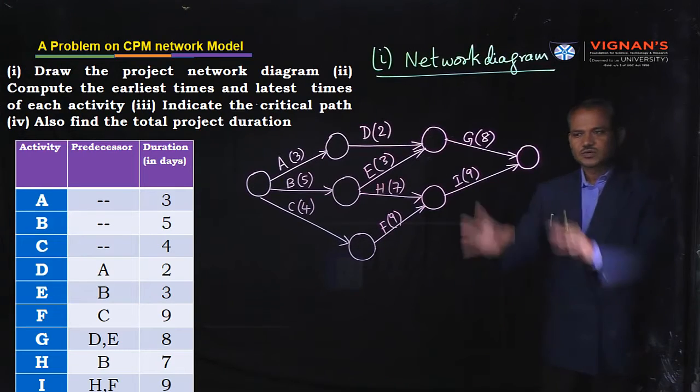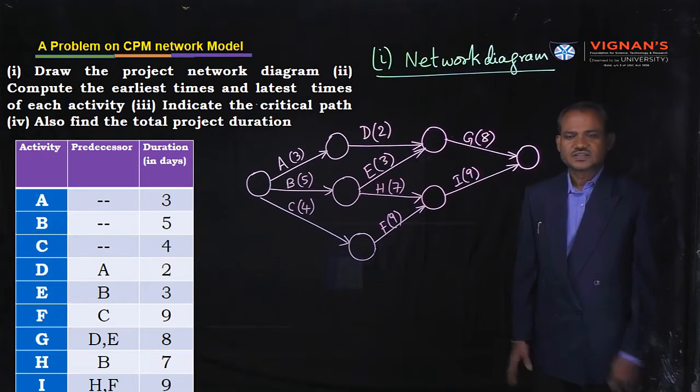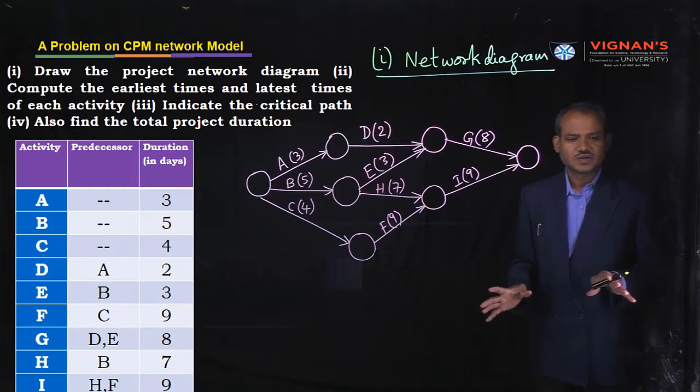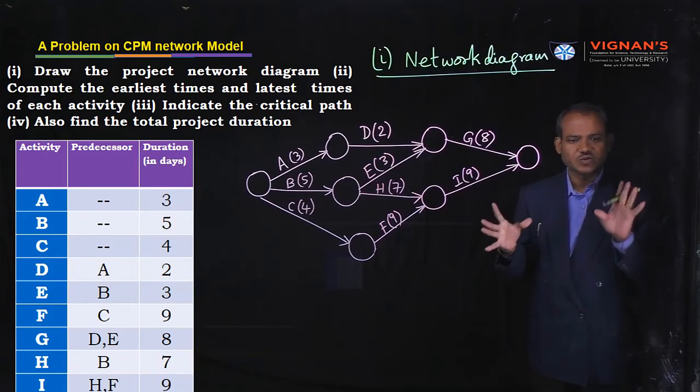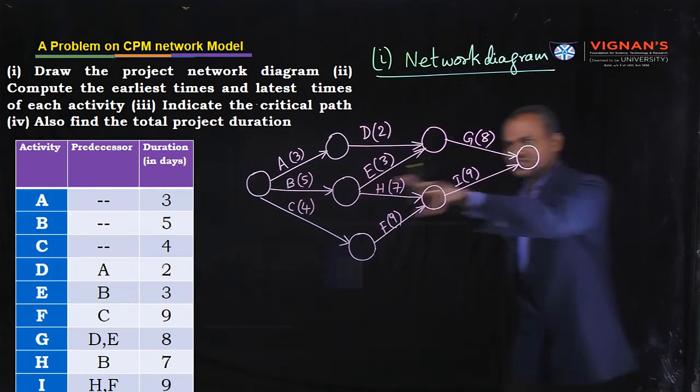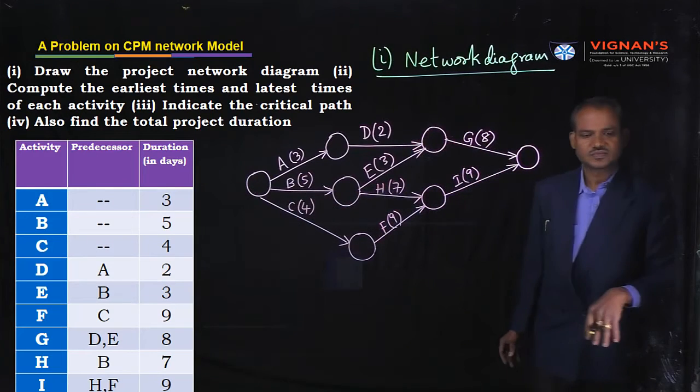Okay now? Now this diagram is known as a network diagram. The entire network diagram should have only one starting node and only one ending node. This is the ending node, this is the starting node. Okay?